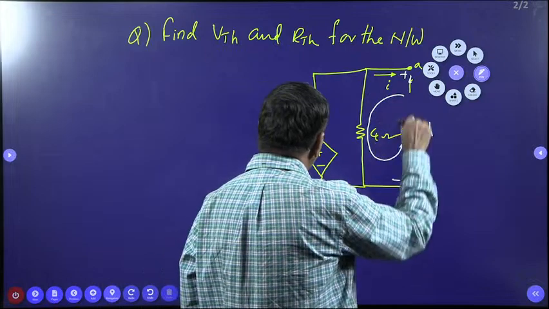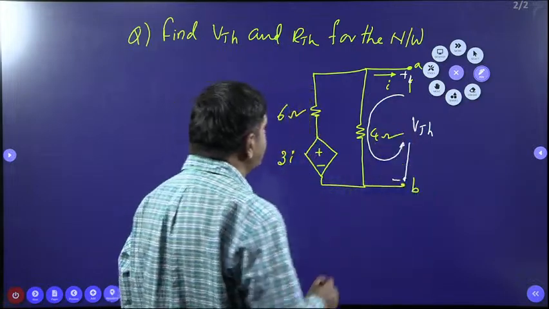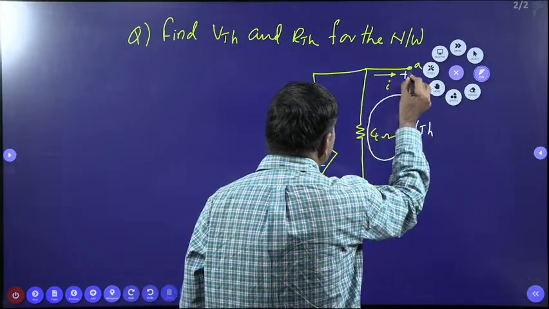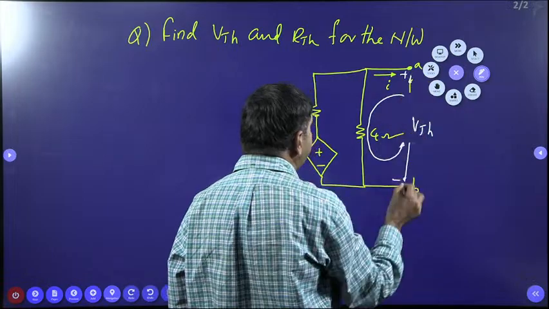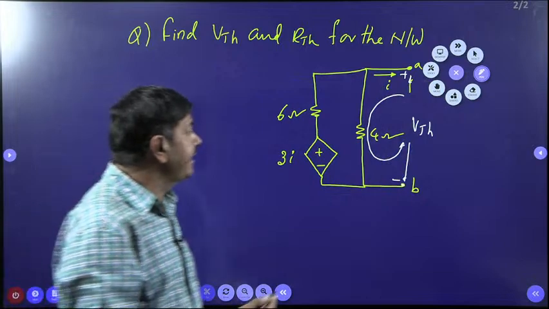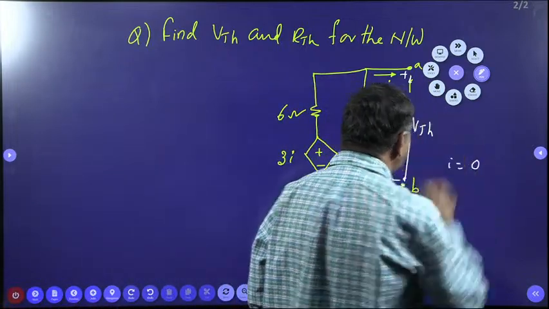But whenever these two terminals are open, no current is going to flow in the network. Current I equal to how much? Anybody can say easily, I is 0 amperes only.